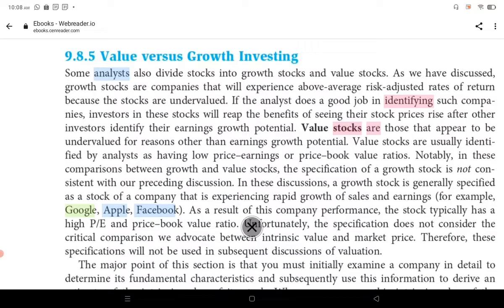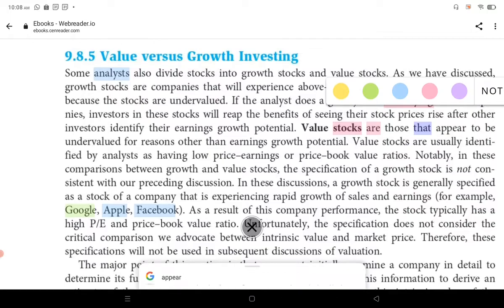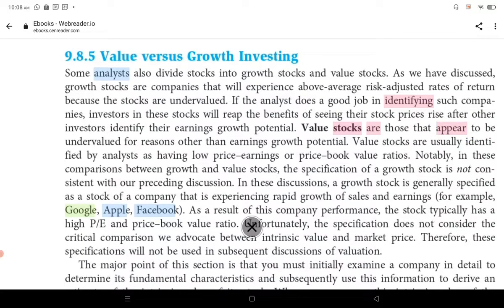So value stocks are normally those that appear to be undervalued for reasons other than earning growth potential. So that is a value stock, it is undervalued for quite some time. Value stocks are usually identified by analysts as having low price earning.